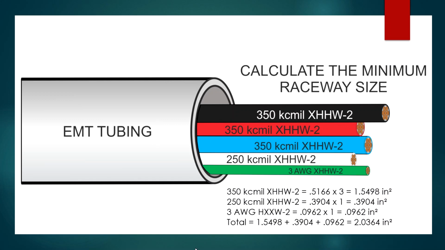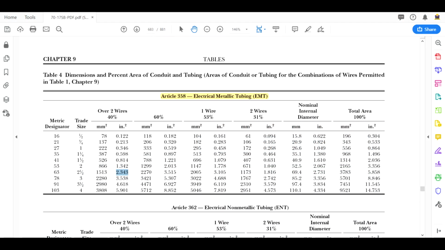Now, let's talk about a couple things that you might see on an exam around this concept. See this area that's available in here? Well, we're only dealing with 2.0364. But the total area in here that's not exceeding 40%, not the total overall area, but the remainder that we could add to it that doesn't exceed the 40, we can calculate for that. So let's go back to the code. If you get a question like that, it's as simple as this.